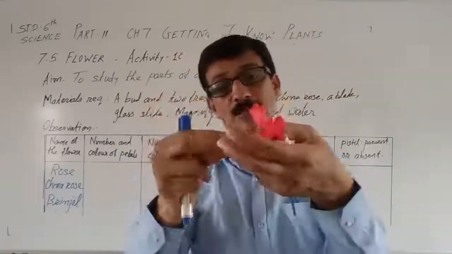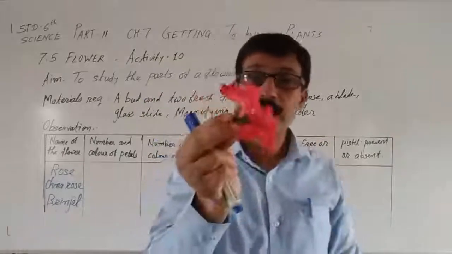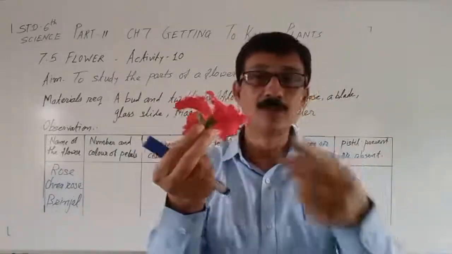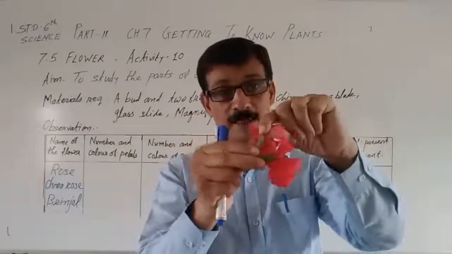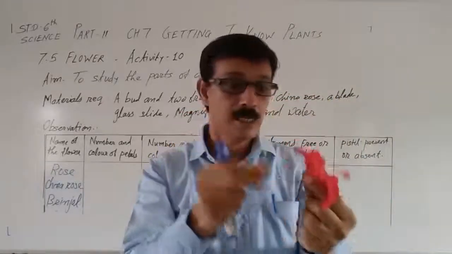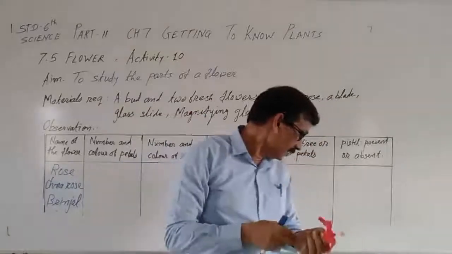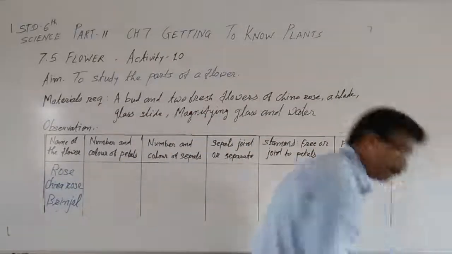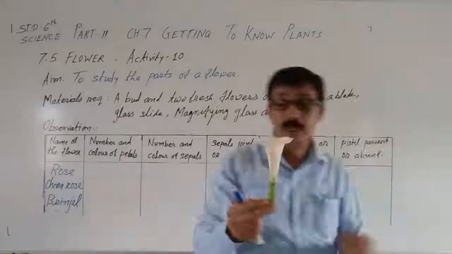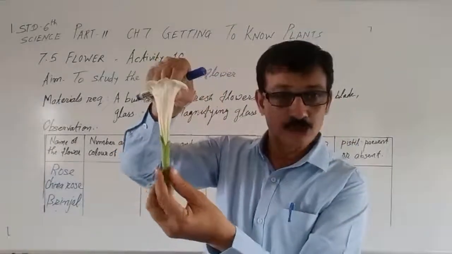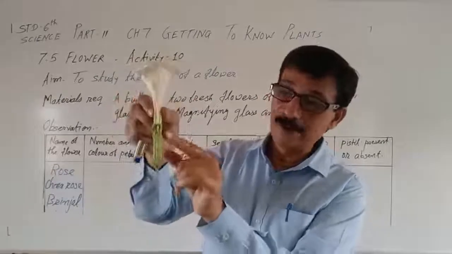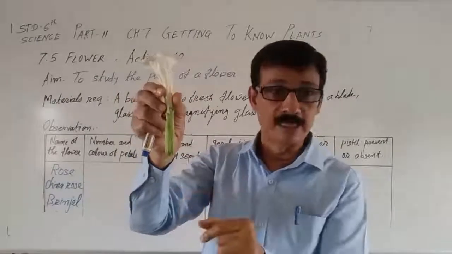So in China rose, the petals are separate and the sepals are joined together. We can see that. And in this Dhoraji, all these are petals. All these petals are joined together, as well as the sepals also are joined together.